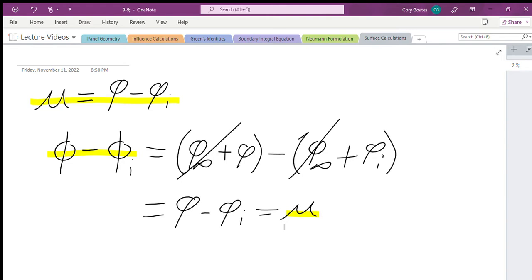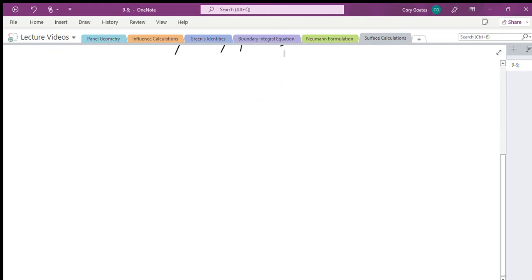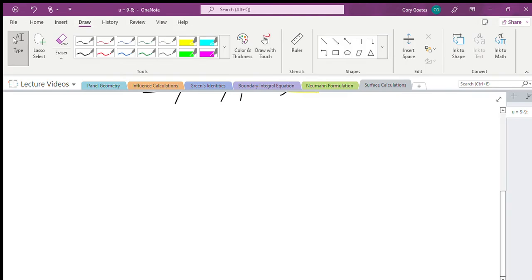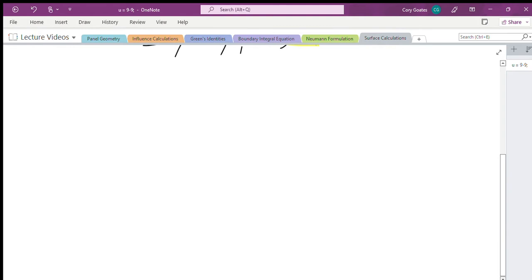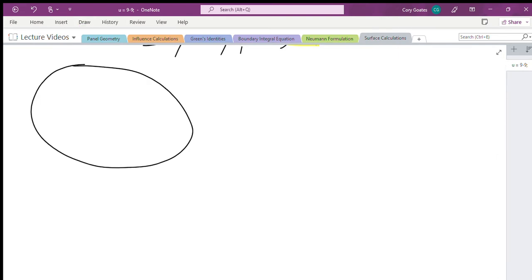So, if you remember from when we talked about why the Neumann system is singular, I explained, and I asked you to take this on faith, that if I have a body, and on that body I enforce the zero normal flow boundary condition, so I say v dot n is equal to 0, I can show that our velocity potential inside here is equal to some constant.